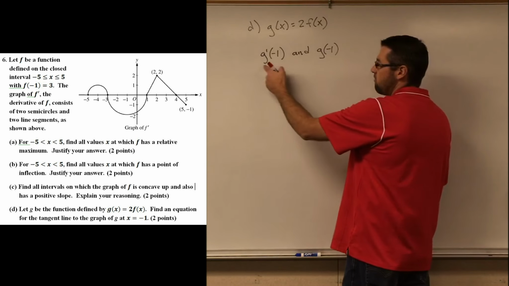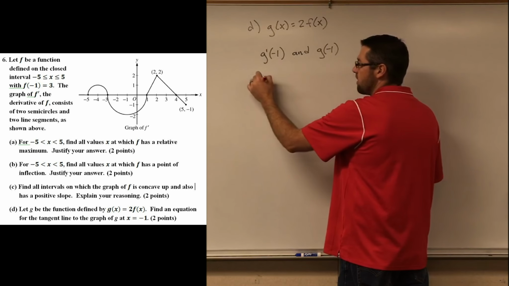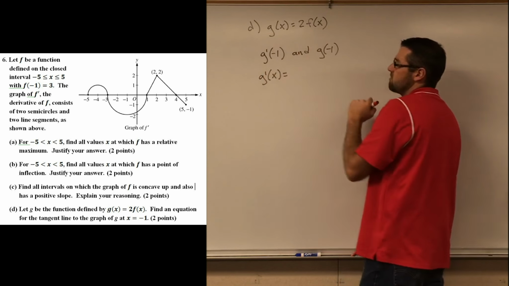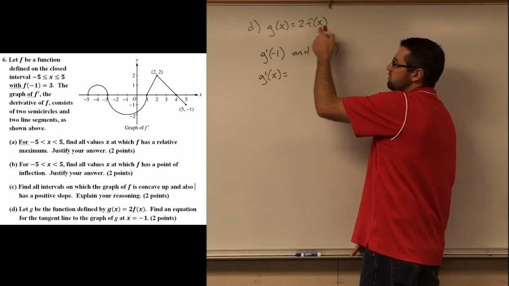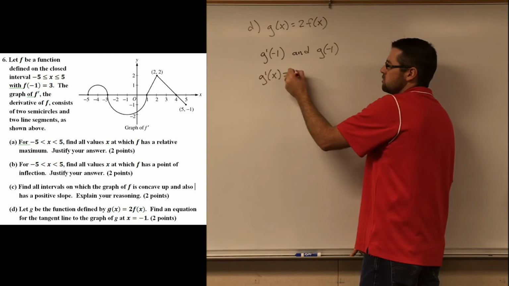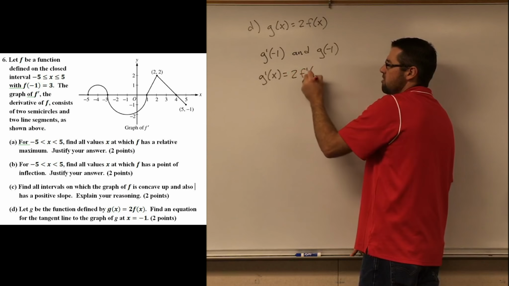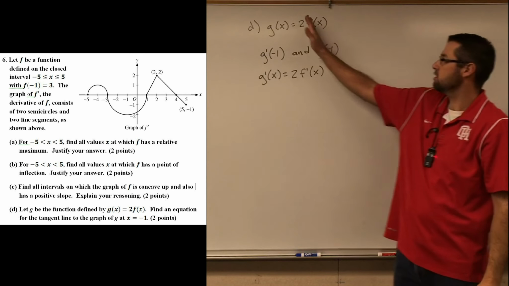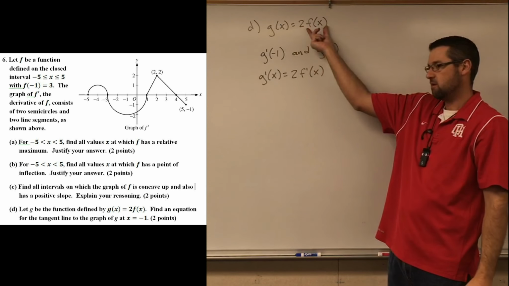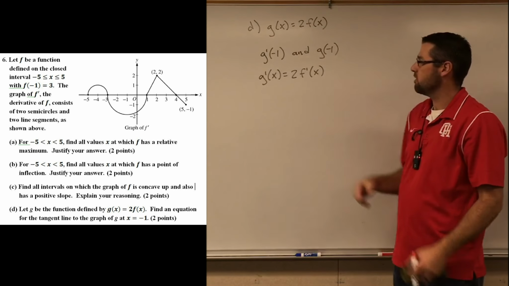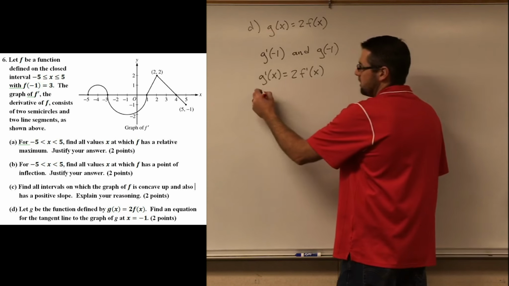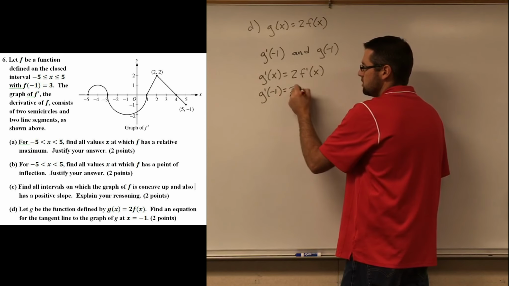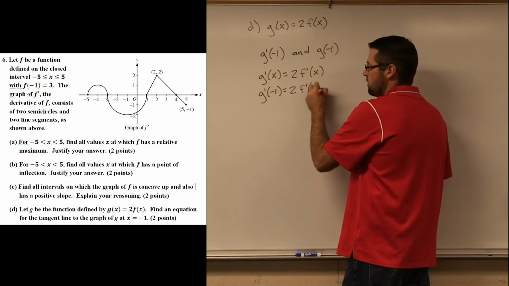Okay. So now, before we can find G prime of -1, we got to find G prime of x. So let's take the derivative of this. G prime of x is equal to 2 f prime of x. You could have done the product rule, but 2 is a constant, right? Take the constant out. What's the derivative of f? F prime, bring the 2 back in, so 2f prime. Now we can plug in. So G prime of -1 equals 2 times f prime of -1.